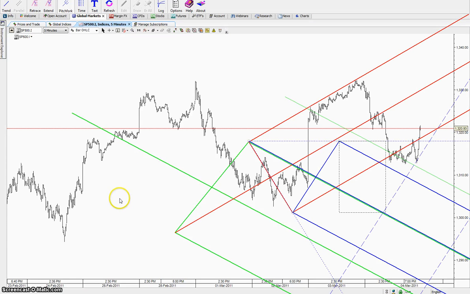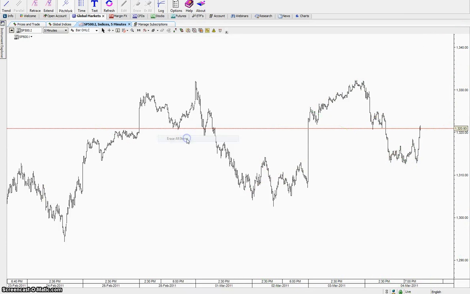We'll have to redraw it now, but we can get rid of this green one, so that's not too bad. Why can't I erase everything? Erase all items. Okay. We've got that one, and that one.